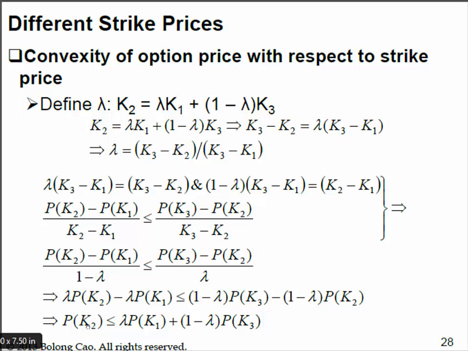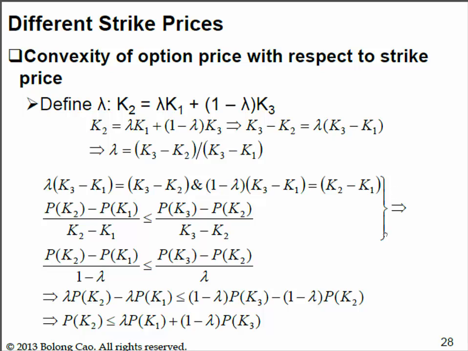If you think about a function value, the value of the function at the middle point is below the average of the function values at the 2 points. Take the average, and that's lambda PK1 plus 1 minus lambda PK3. That's our mathematical derivation.